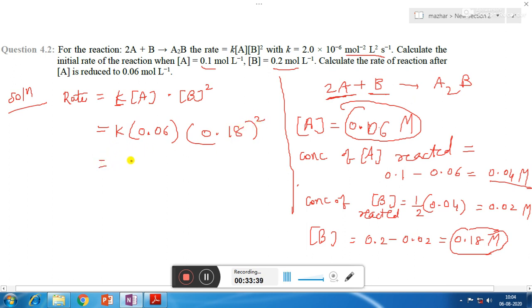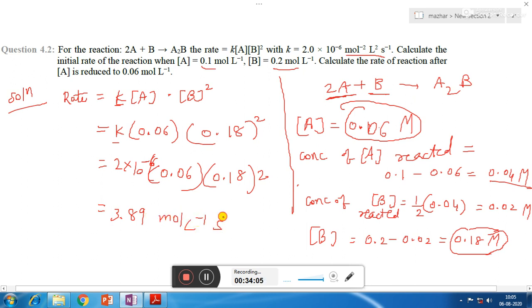Instead of K we will write the same value, 2 into 10 raised to minus 6. So 2 into 10 raised to minus 6 multiplied by 0.06 multiplied by 0.18 the whole square. When you solve this we will get 3.89, and the unit of rate is mole per liter per second. So this is our final answer.